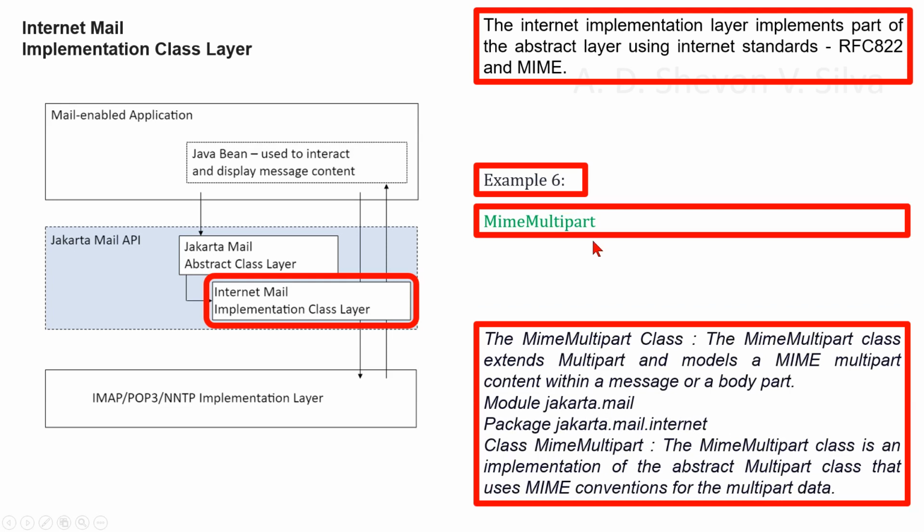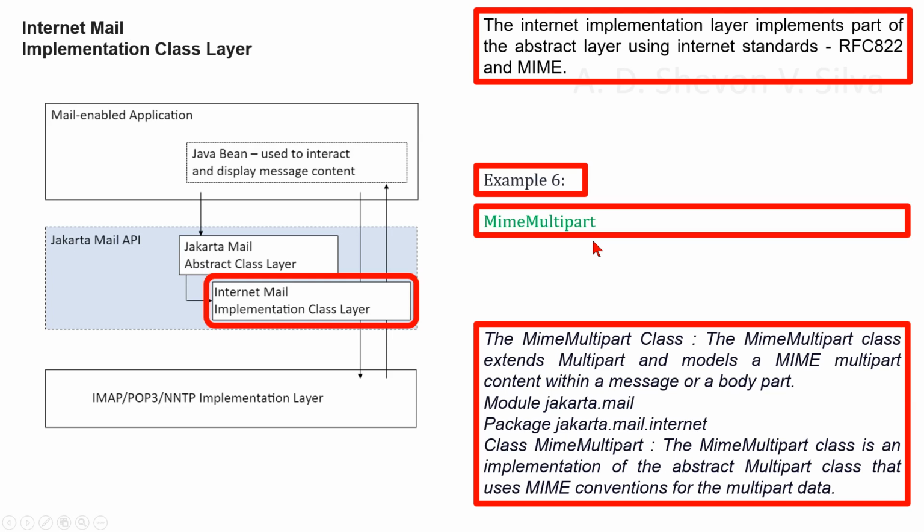The MimeMultipart class. The MimeMultipart class extends Multipart and models MIME multipart content within a message or body part. The class MimeMultipart is in package jakarta.mail.internet in module jakarta.mail. The MimeMultipart class is an implementation of the abstract Multipart class that uses MIME conventions for the multipart data.